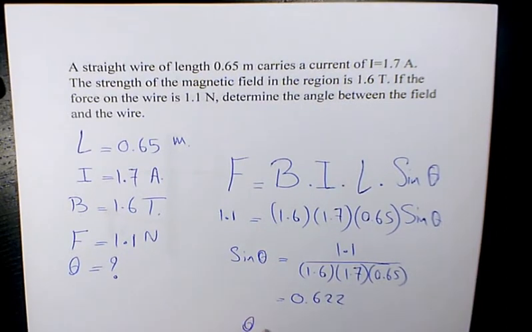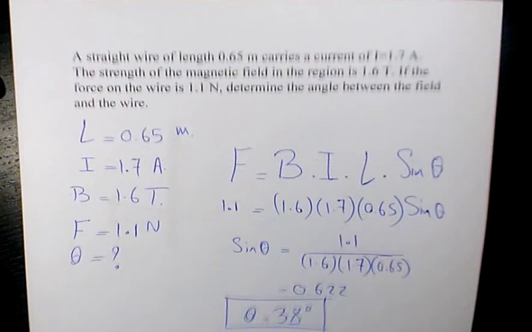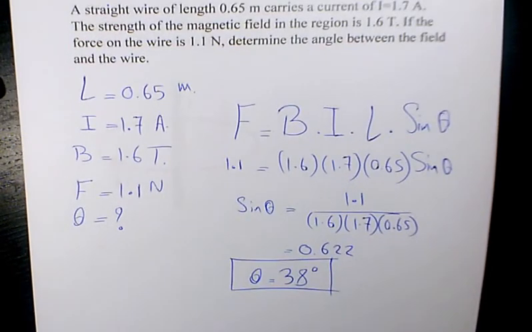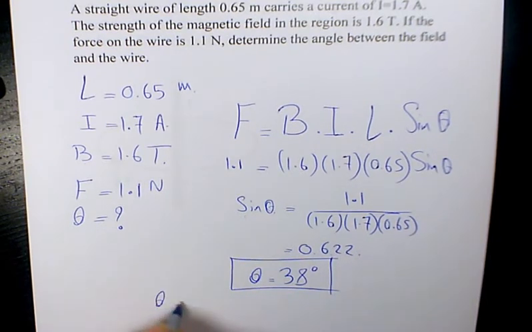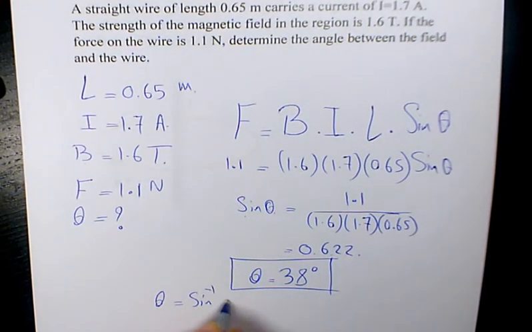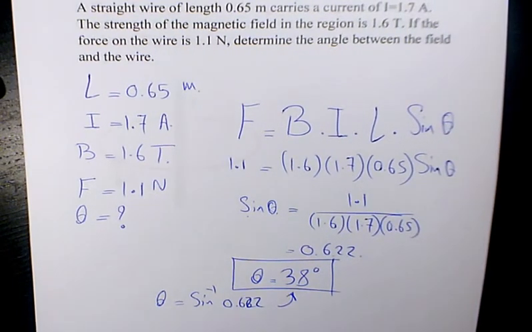So theta will be inverse sine of 0.622. That's going to be 38 degrees. That's the angle between B and I.